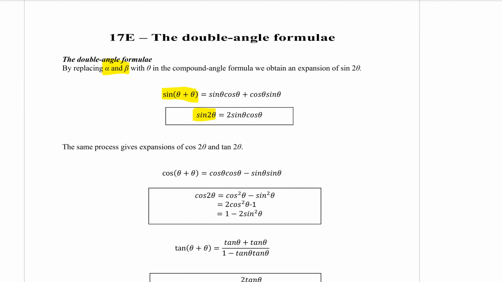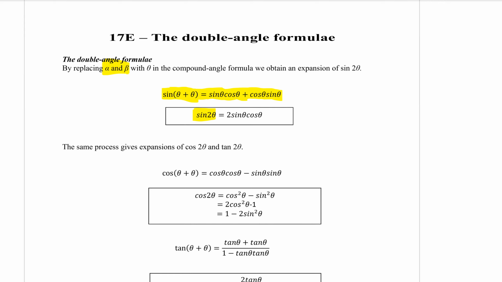So using the compound formulas from last lesson, to expand that out would be sine of the first, cos of the second, plus cos of the first, sine of the second. That's the compound angle formula.